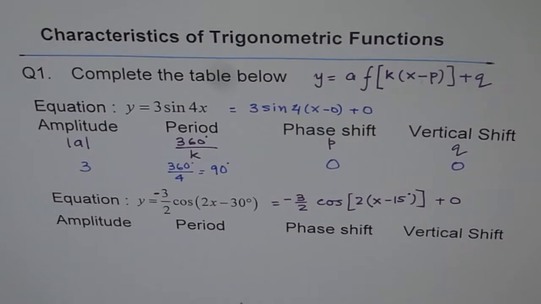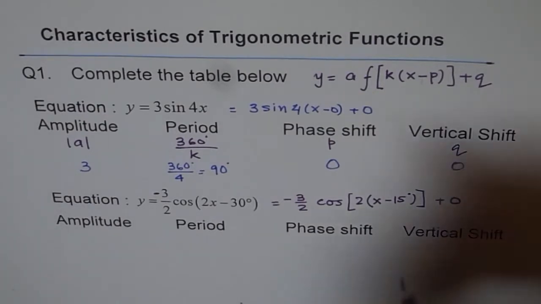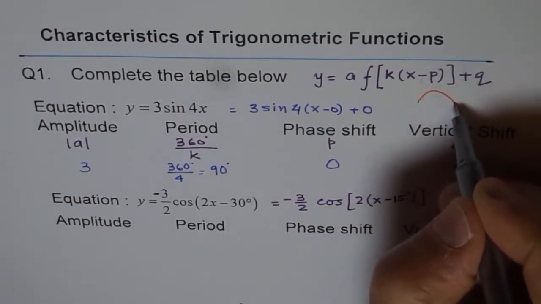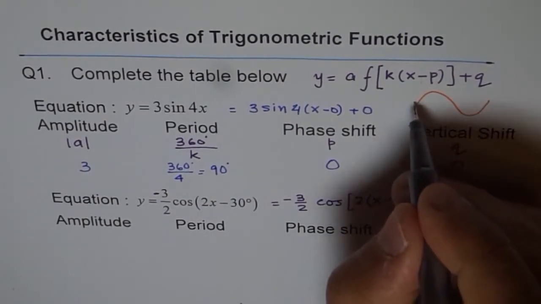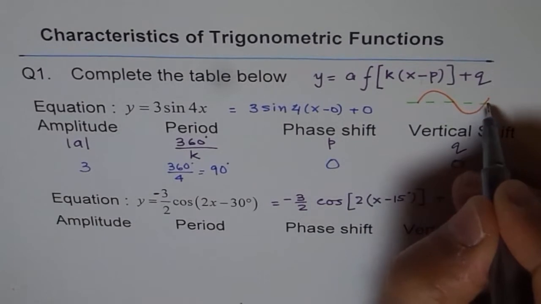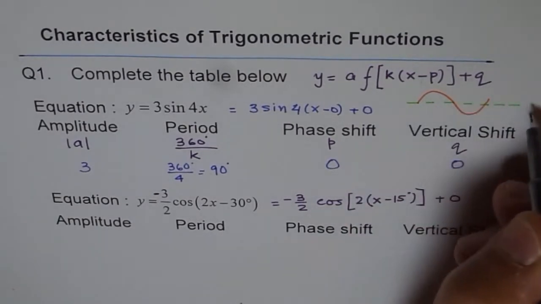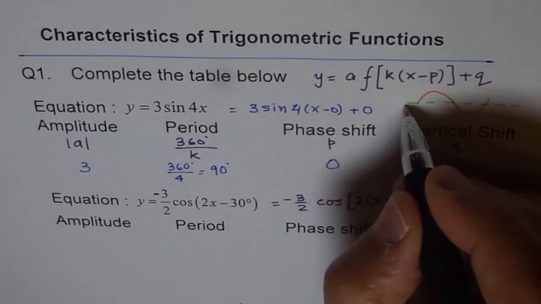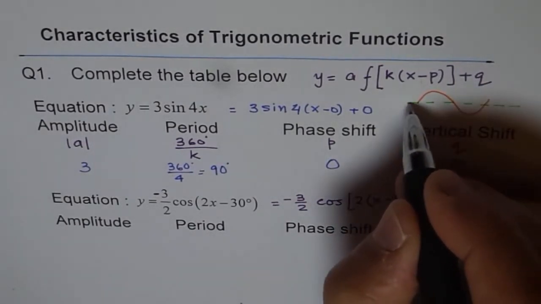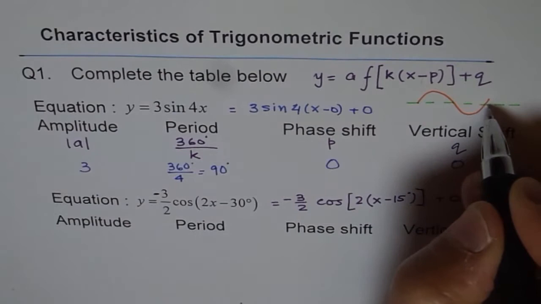So, to give you an idea, let's say this is your sine wave, and the axis of symmetry Q is here. I'm not drawing x-axis or y-axis here, I'm just drawing a sine wave in general. So this kind of helps us to understand. Then Q is this center value, wherever the wave is.